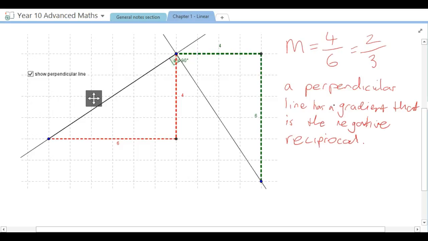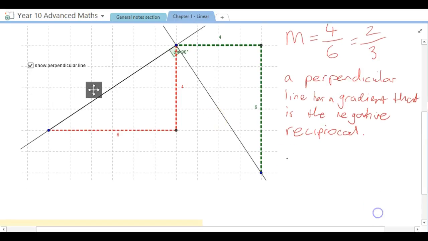For this one, the reciprocal is going to be 6/4, just basically the flipped version of that one there, which we know would be 3/2. It happens to be negative as well, so you'd say that's negative 3/2. So if you had a line that had a gradient of 2/3, a line perpendicular to that will have a gradient of the negative of that, and you flip the fraction.